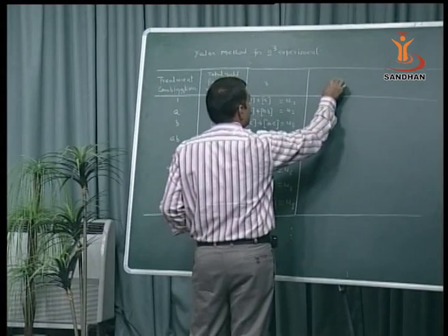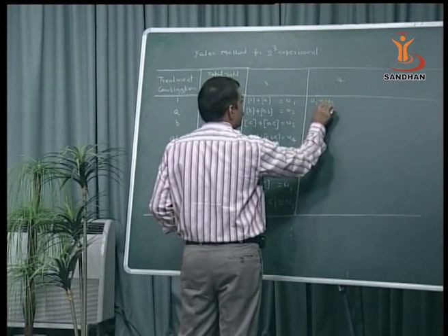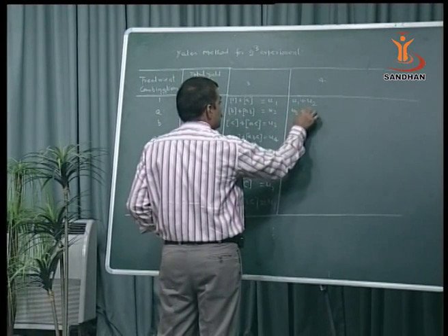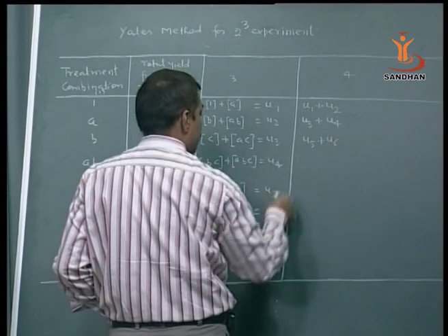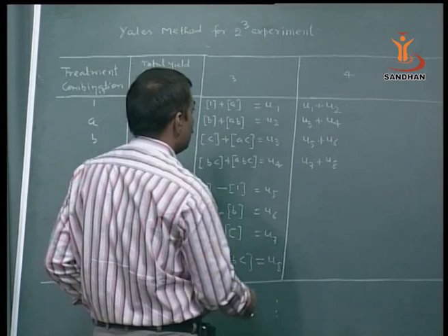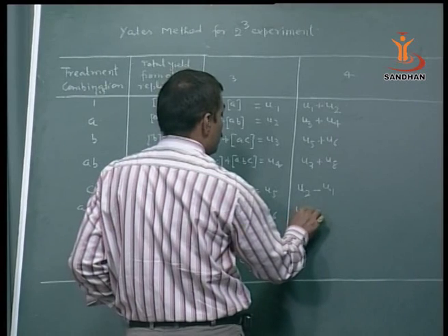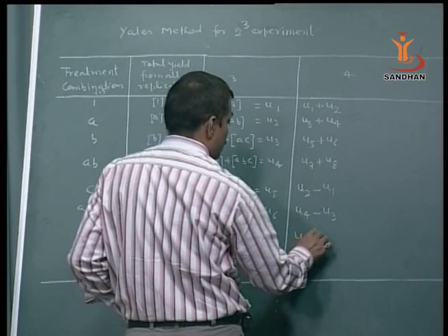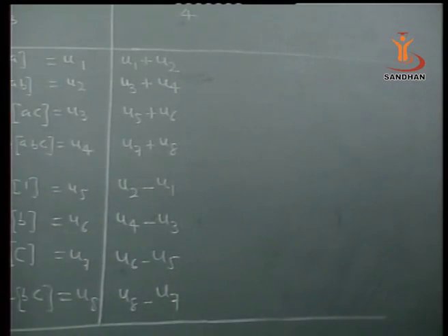Now in the fourth column, by the same procedure, we write U1 plus U2, then U3 plus U4, then U5 plus U6, U7 plus U8, and then take differences: U2 minus U1, U4 minus U3, then U6 minus U5, U8 minus U7.